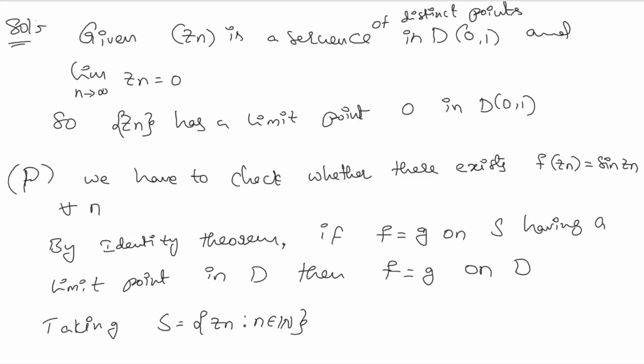Since Zn has the limit point 0, that is, the limit of Zn equals 0, 0 is a limit point of the set S, and obviously 0 is contained in this disk D(0,1).